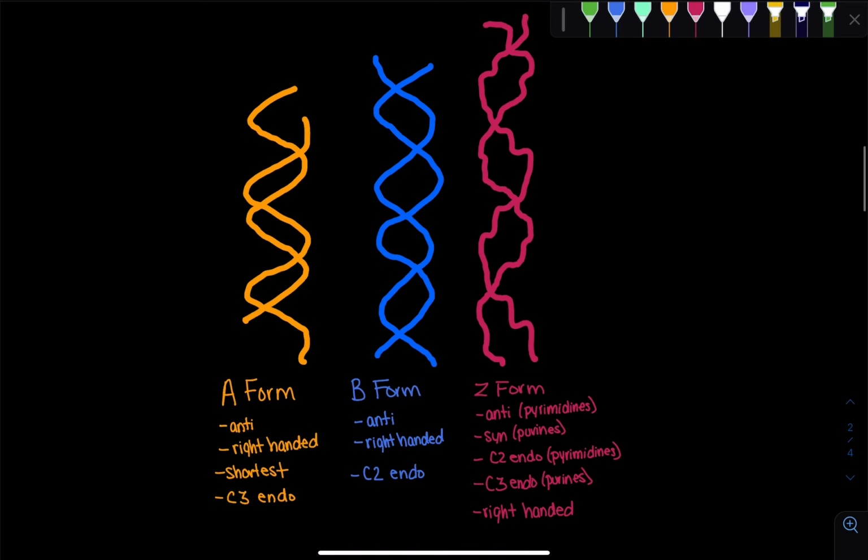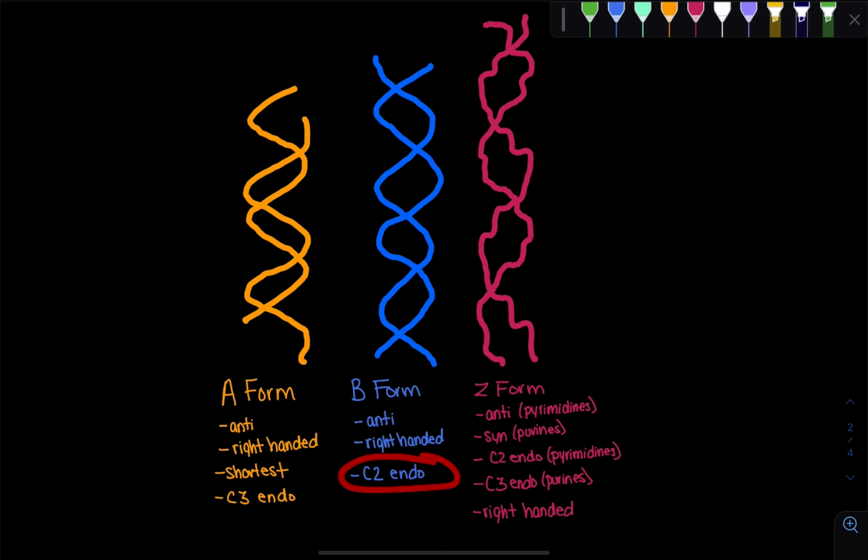Now, the Z form is a bit more complicated because it includes the anti and syn forms and the C2 and C3 endo. The anti form can exist in the pyrimidines, the syn form exists in the purines, the pyrimidines are C2 and the purines are C3. So the A and B form are actually quite similar.